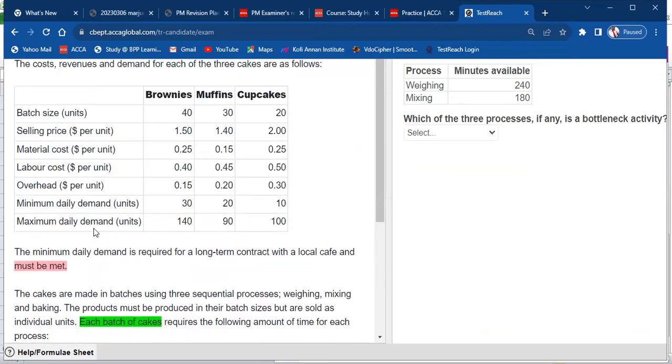How many batches of cupcakes will be produced? 5. Great, 5. 100 units, batch size is 20, so 5.